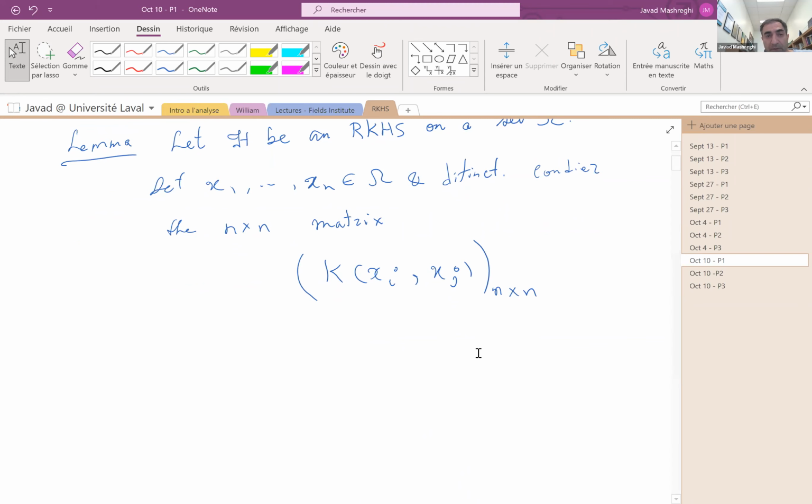And note that when your points x1 up to xn change, the matrix changes too. But for each fixed x1 up to xn, you have a matrix.